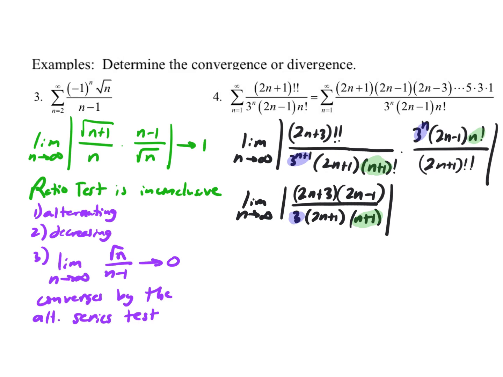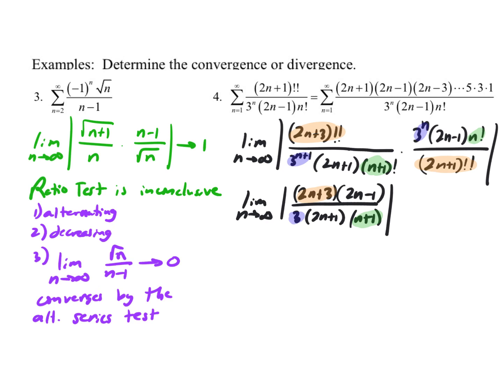And then the 2n plus 3 comes from there. The 2n minus 1 is still there; we didn't do anything with it. The 2n plus 1 is still there; we didn't do anything with that. So that's how that reduction, that simplifying comes in. And then we'll take the limit and be done.